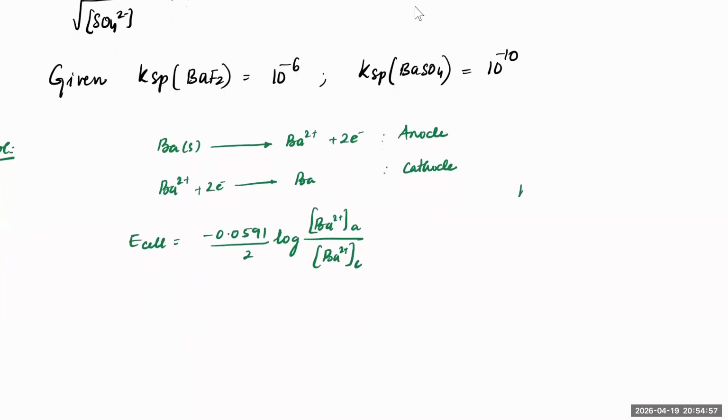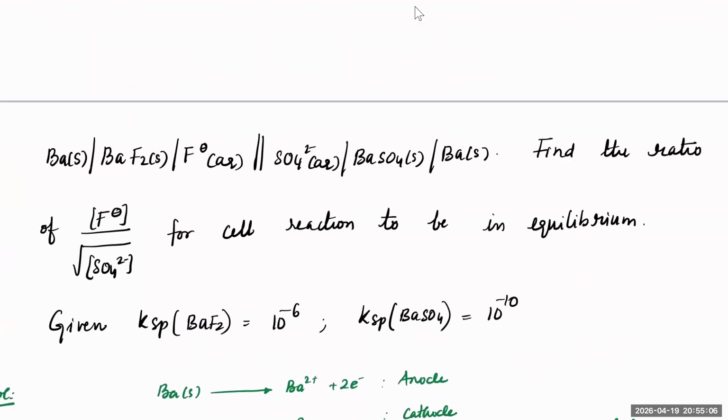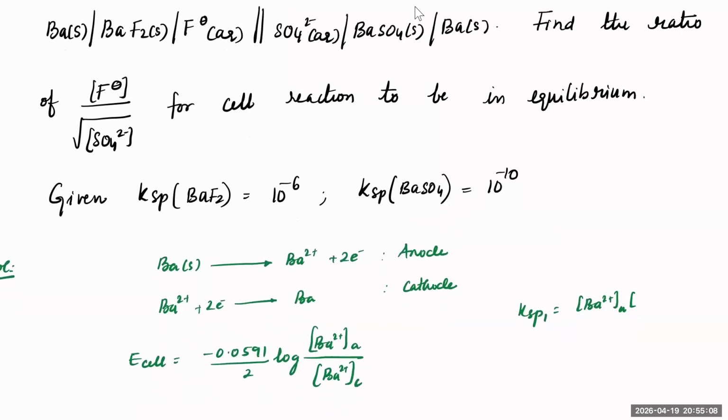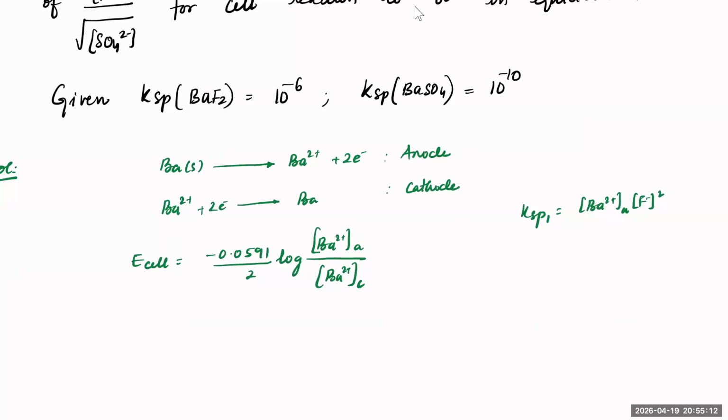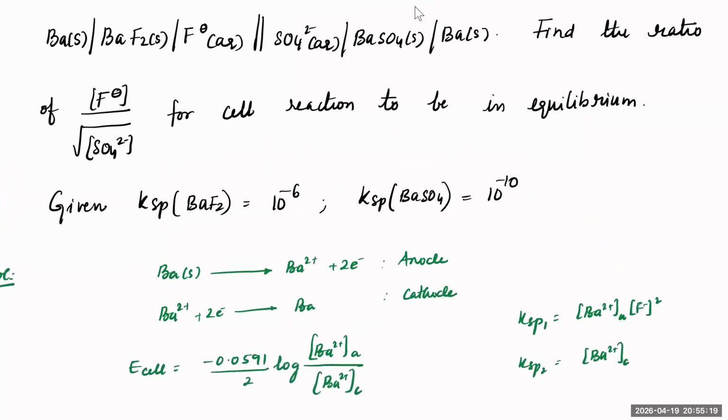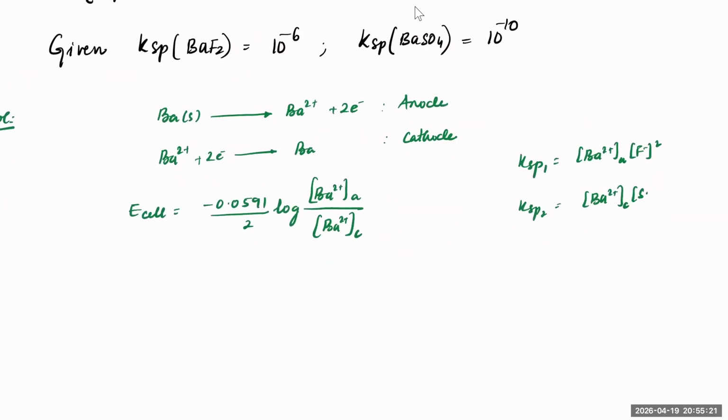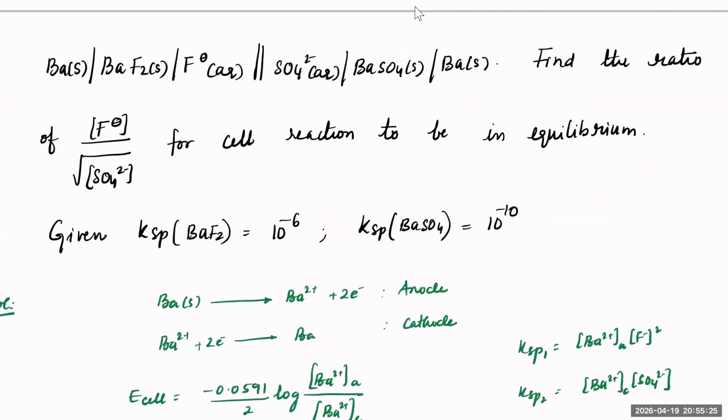And using Ksp, I can say Ksp1 is equal to the barium 2+ concentration at the anode into, we have this as 2 times F-, so F- whole square. Then Ksp2 will be equal to the barium 2+ concentration at the cathode, multiplied by the SO4 2- concentration. Substitute these values.